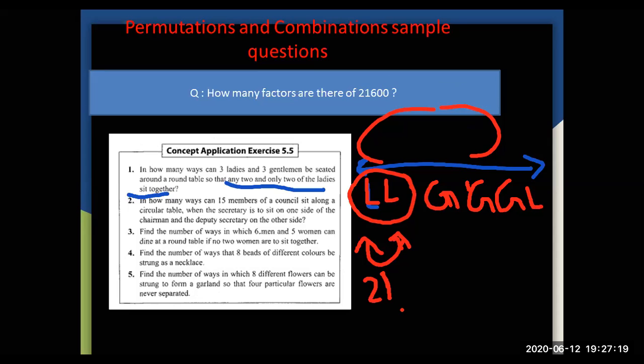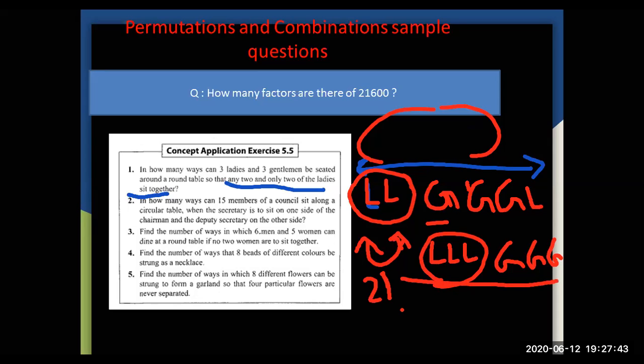So the best is to just find the cases where all of them are together, and then subtract it off.